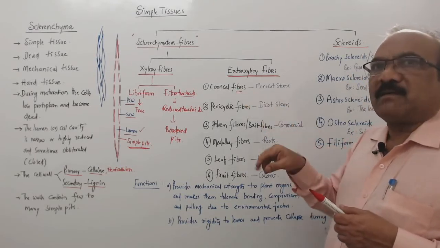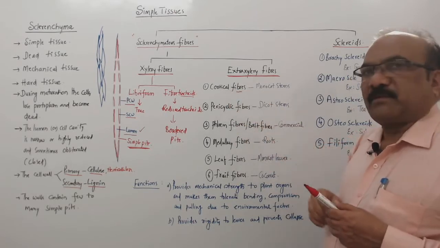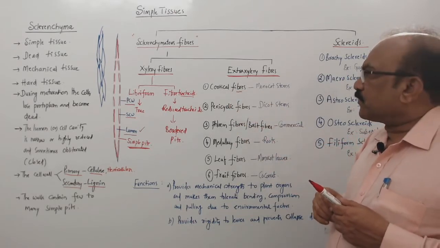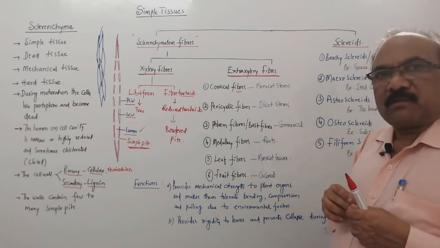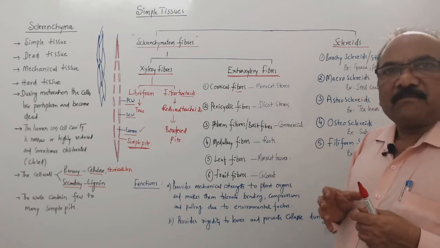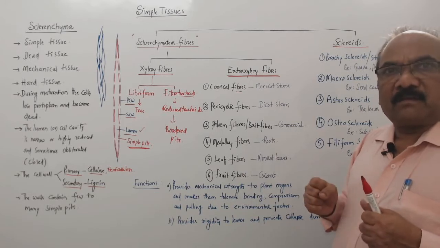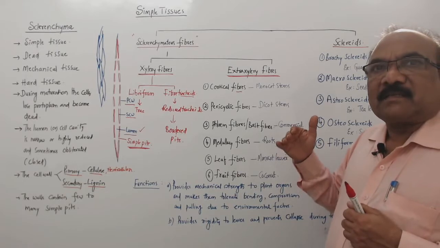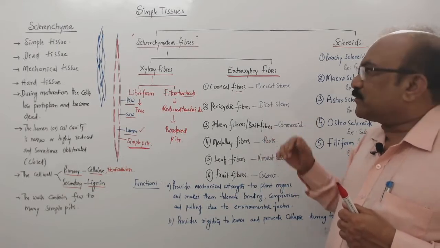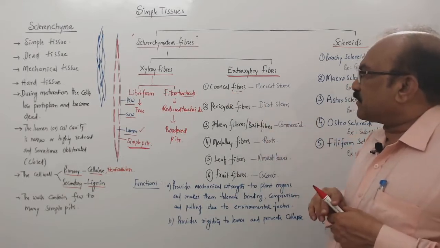As they are present in the cortex, we call them as what? Cortical fibers. Okay. And remember that monocot stems do not exhibit any secondary growth, but still they are strong. The strength comes from these sclerenchymatous hypodermis. That is what cortical fibers.